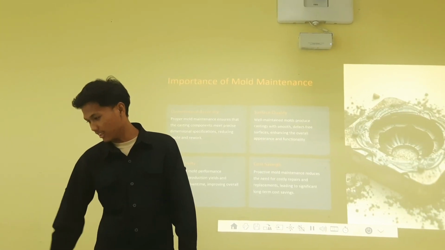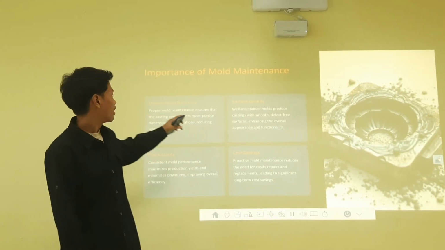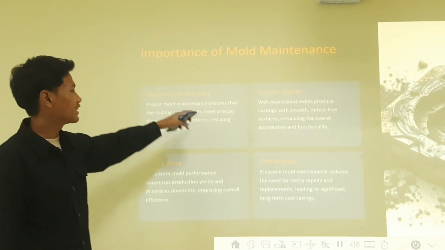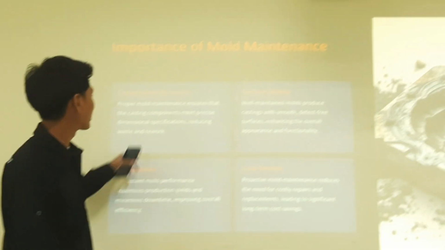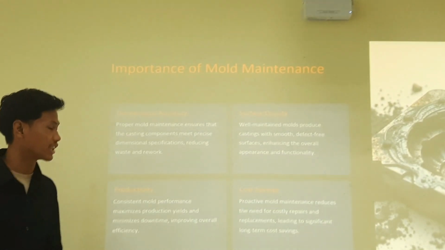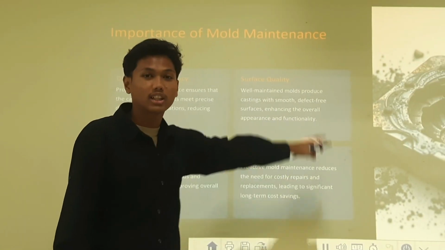Now, the importance of mold maintenance. Number 1, dimensional accuracy. Proper mold maintenance ensures that the casting component meets precise dimensional specifications, reducing waste and rework. And 2, surface quality.